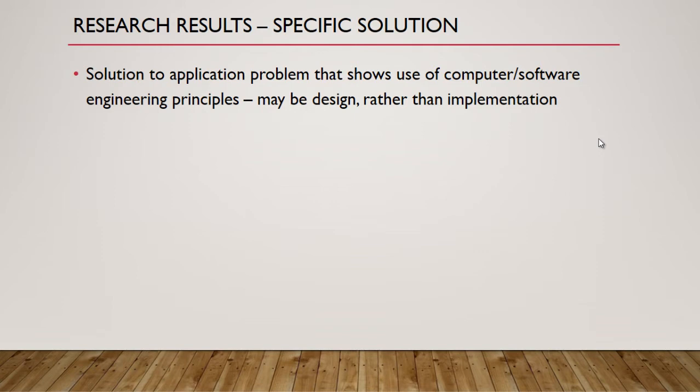If you are in software engineering, whereby you develop an application, what you consider the result is not so much the application itself. It's not the code, whether it runs or not, but it may be the design. So the design is an important part of the result.